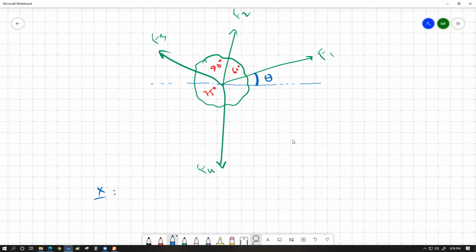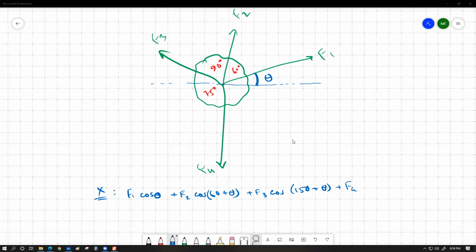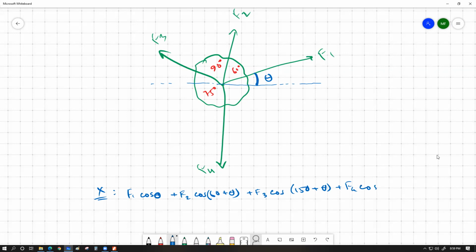On the x-axis, this is gonna look like f1 cos theta plus f2 cos 60 plus theta plus f3 cos 150 plus theta plus f4 cos 225 plus theta equals to 0.